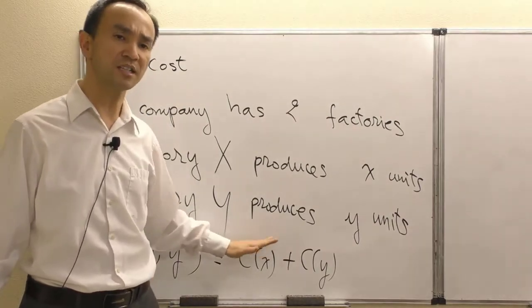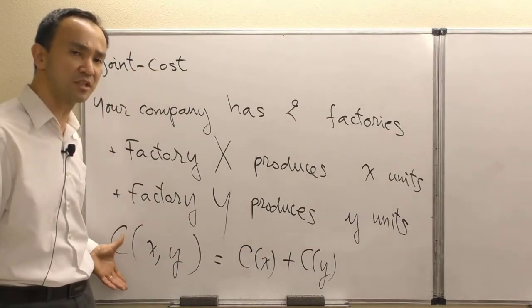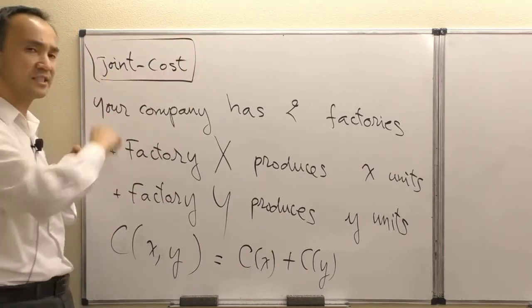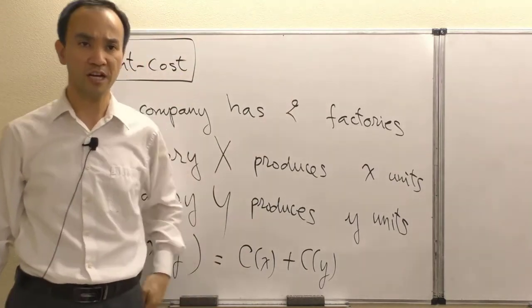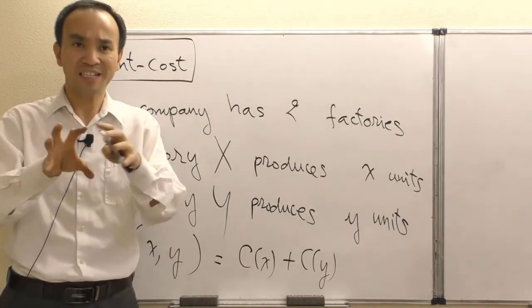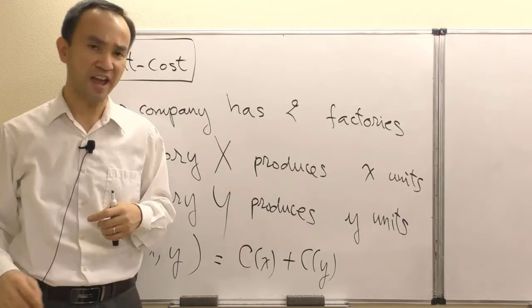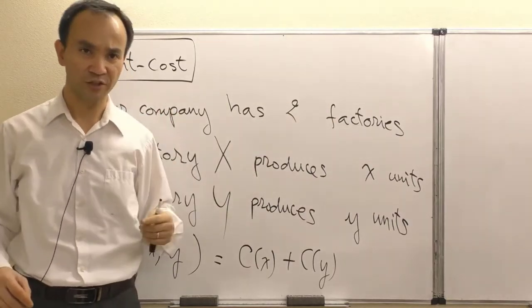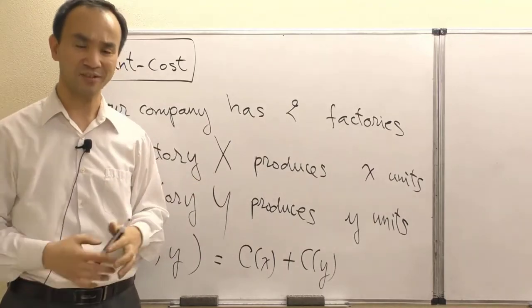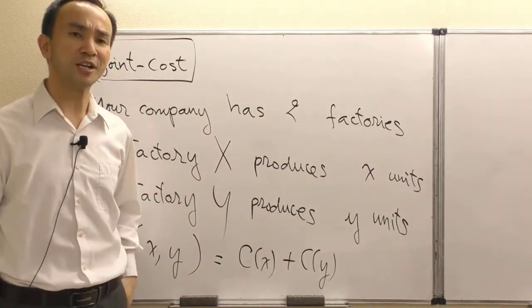That's why, to come up precisely with the function determining the joint cost from the 2 factories or multiple factories of your company, you need to hire analysts. So that, or at least hire multiple analysts, one from factory X, one from factory Y, and then they work together and they blend data together so that they can come up with your joint cost function.